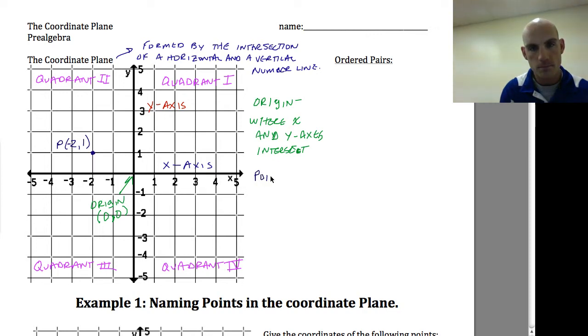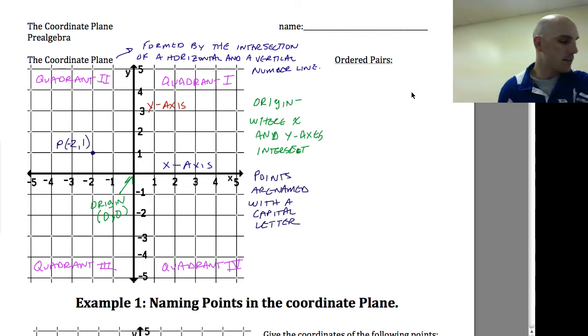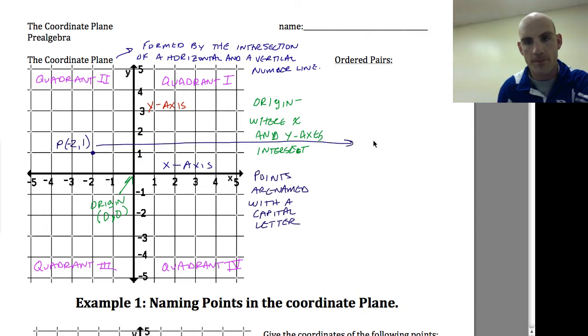Points are named with a capital letter. The coordinates of a point can be outlined like this. And I'm going to draw myself a big arrow over here. So this is P, -2, 1.